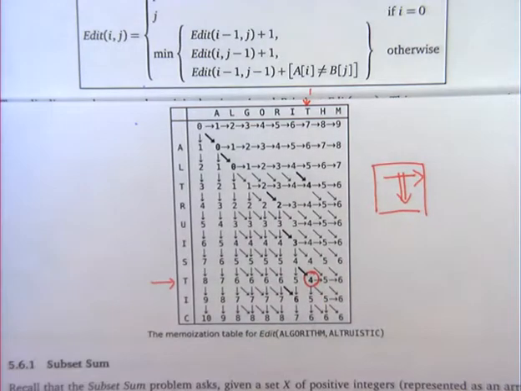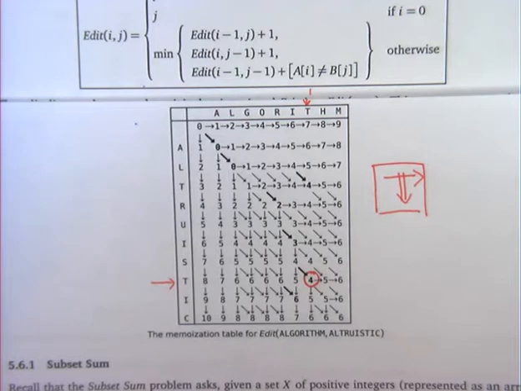Now, the arrows that I've drawn in this picture tell you how I got each of the values in the table. Right? So whenever there's a downward arrow, it's because the right choice to get this 9 was 8 plus 1 as opposed to 9 plus 1 or 10 plus 1.